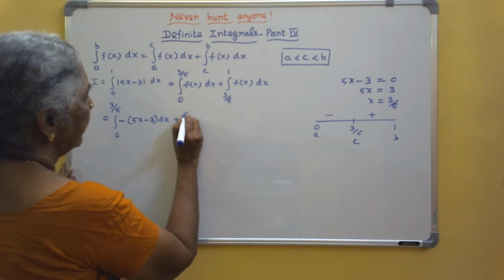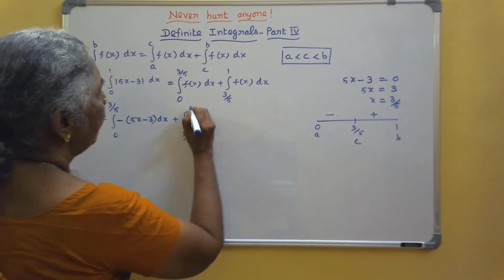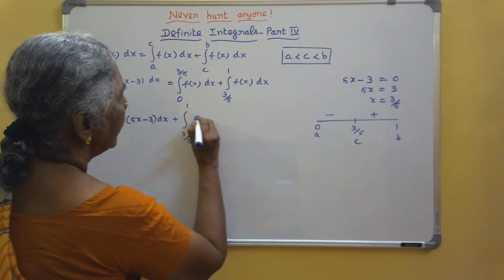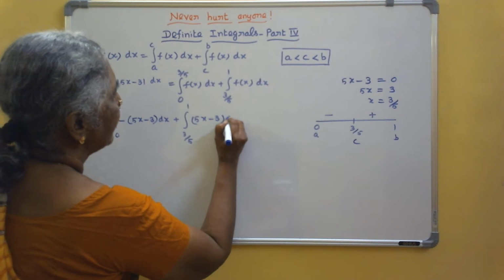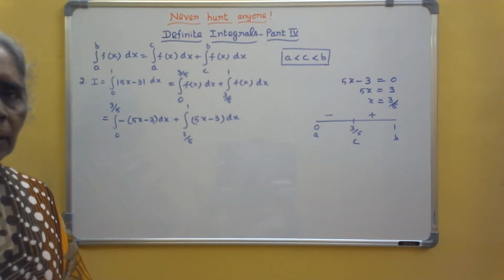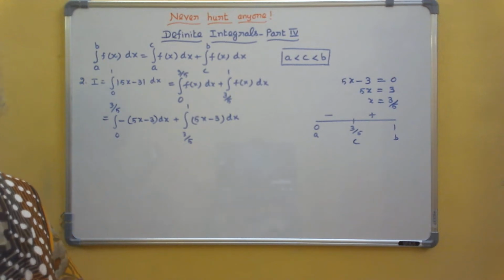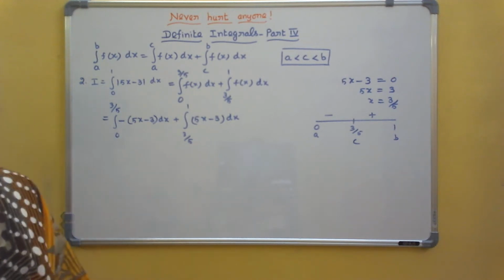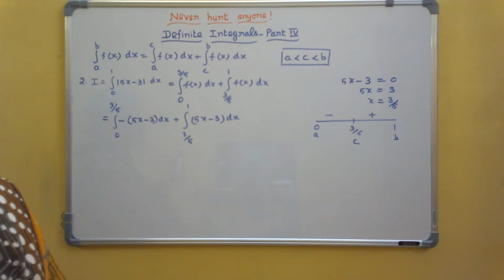Then plus integral 3 by 5 to 1. You will get the positive thing now, 5x minus 3 dx. Hope now you have understood how to find the c and how to find the positive, negative and write the two things, okay? Now it's just two sums.